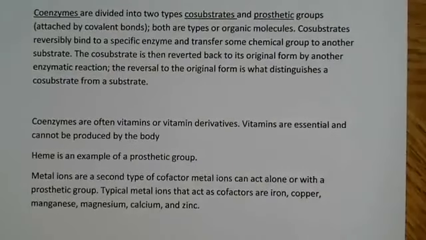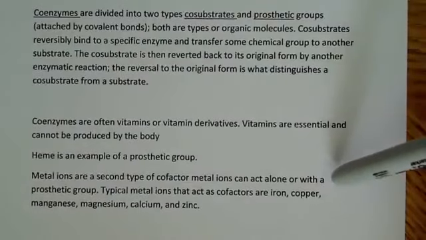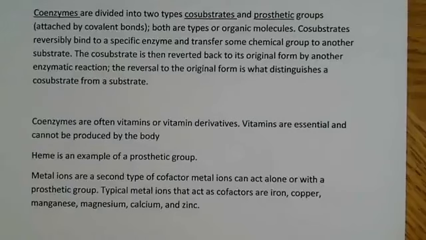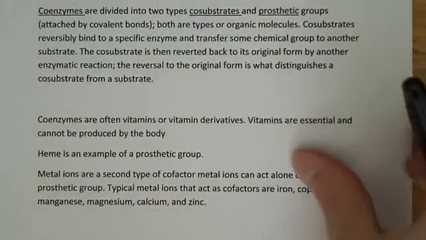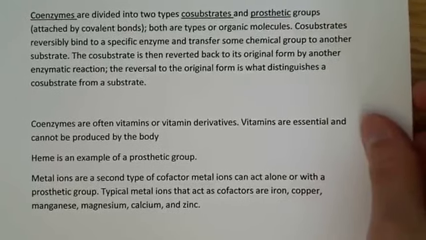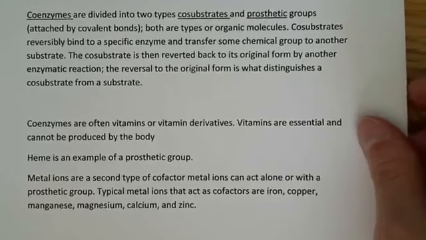Metal ions are a second type of cofactor. Metal ions can act alone or with a prosthetic group. Typical metal ions that act as cofactors are iron, copper, manganese, magnesium, calcium, and zinc. With the cytochromes, you can go from Fe2+ and then it can become oxidized to Fe3+.